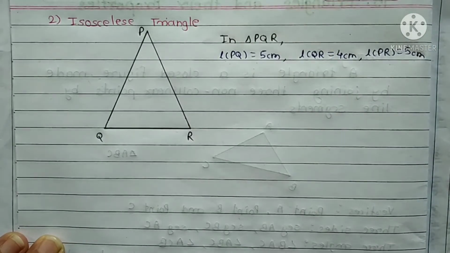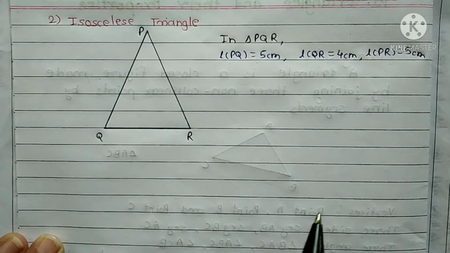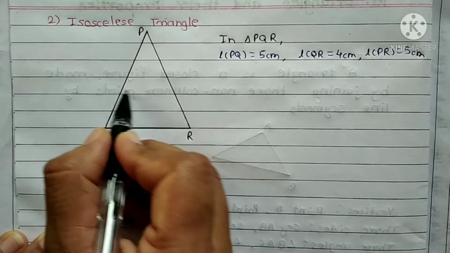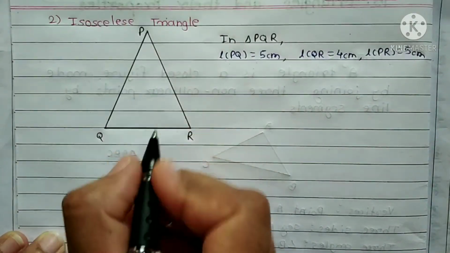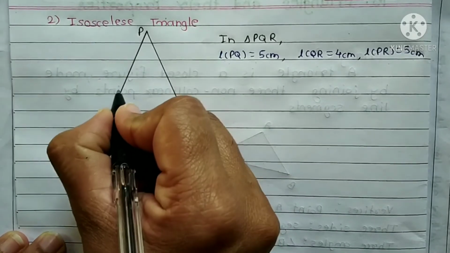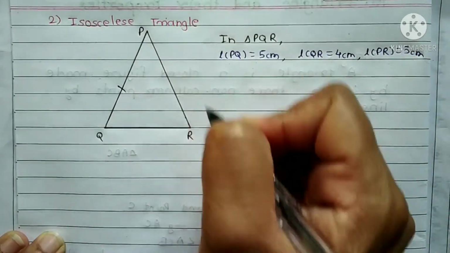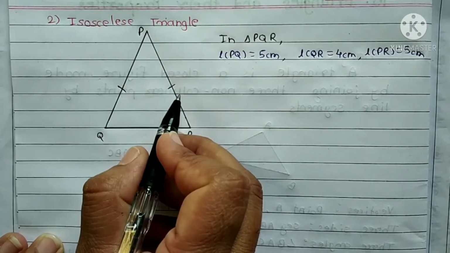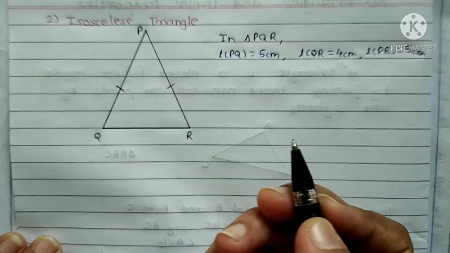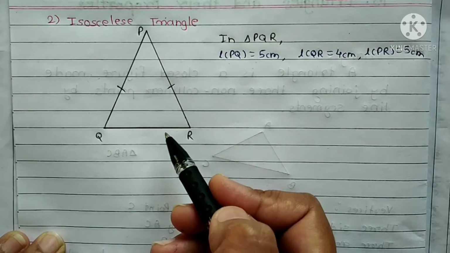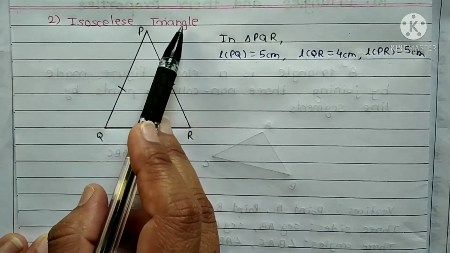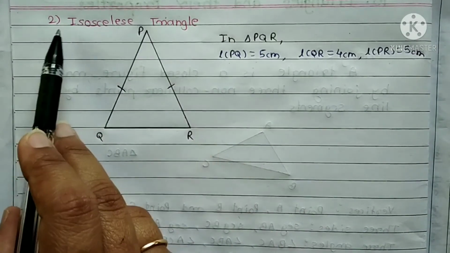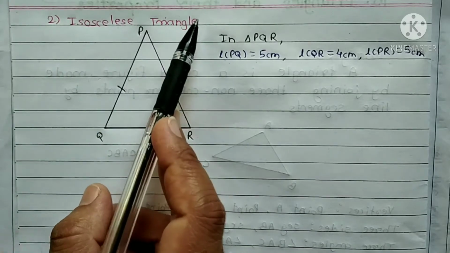That means we can say these two sides are equal, because length of PQ is 5 cm and length of PR is also 5 cm. Such triangles are called isosceles triangle. That means second type is isosceles triangle.